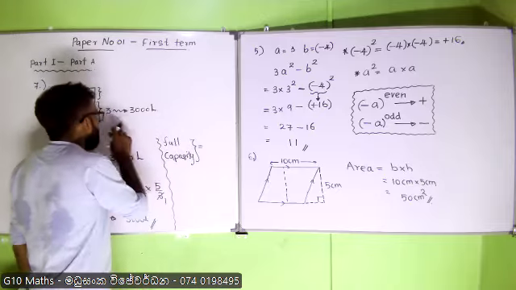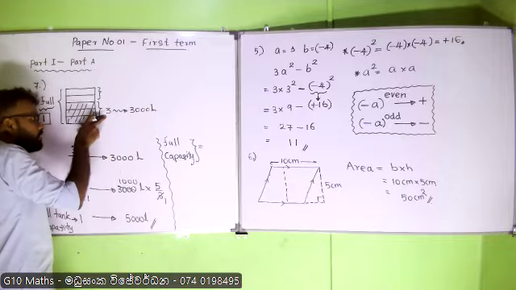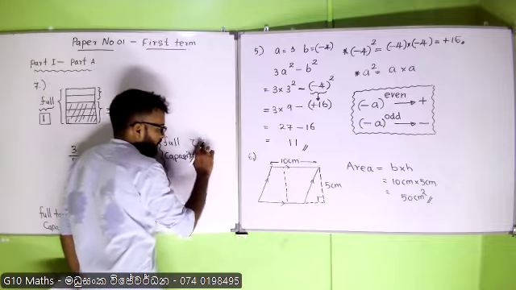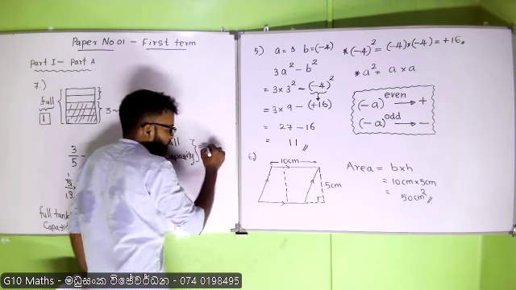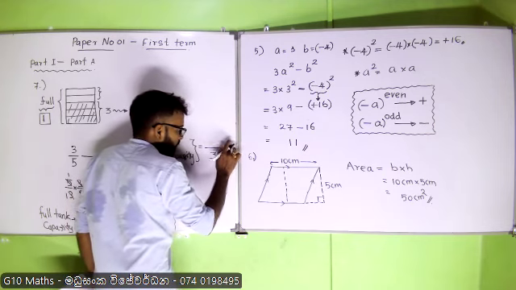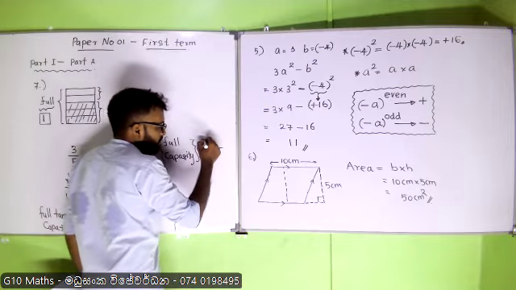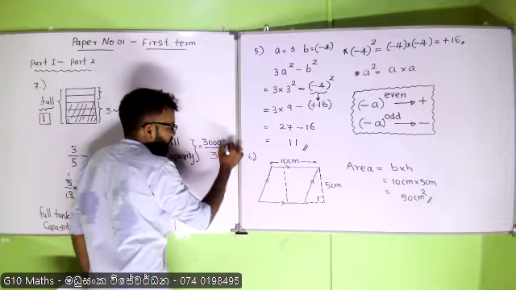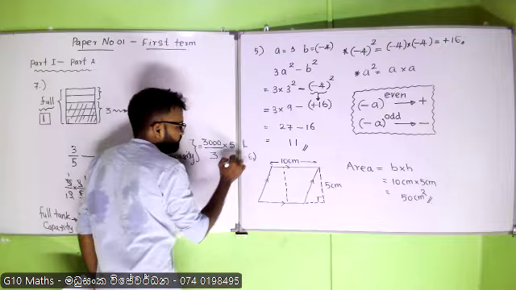Alright. 3 parts refers to 3000. For 3 parts, there are 3000 liters. How many are there for 5 parts?